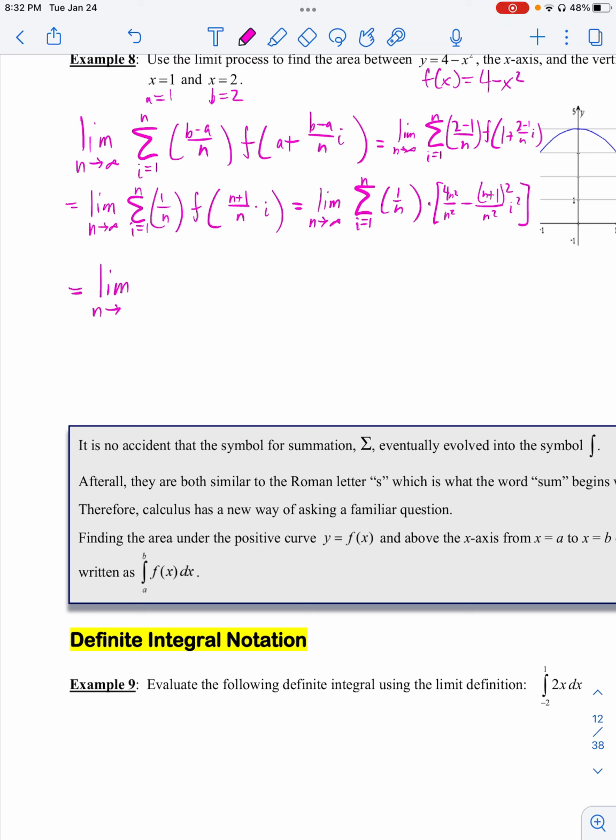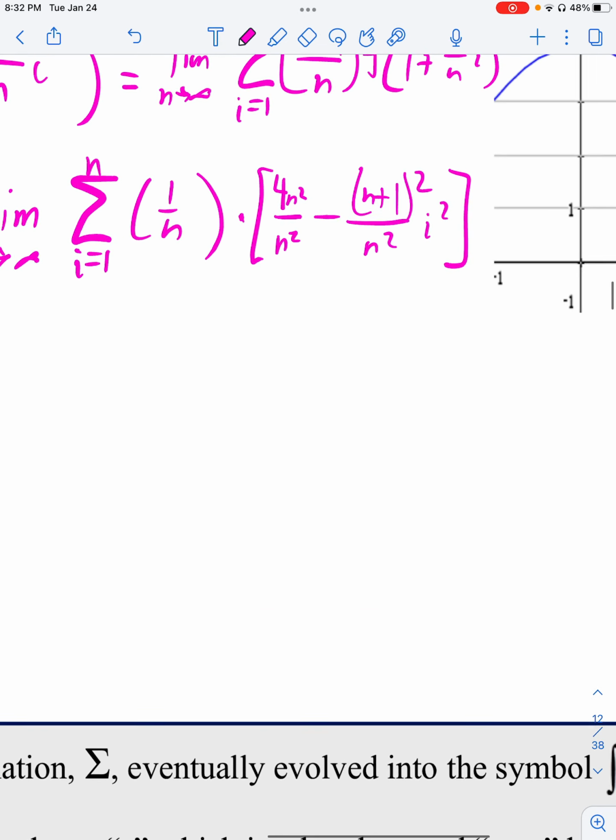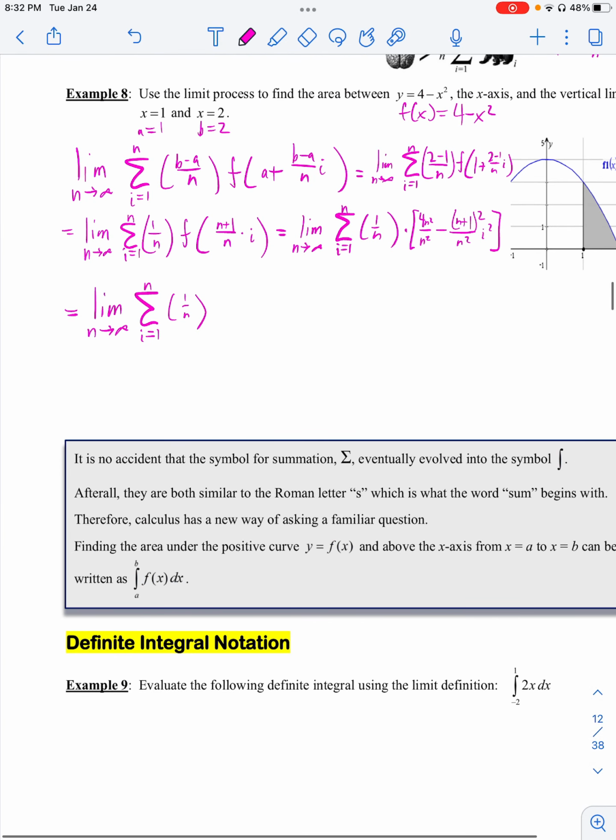You should be able to do this algebra on your own. I'm just combining these two fractions, which gives me 4n squared minus (n plus 1) quantity squared all over n squared. And there's still an i squared right there.